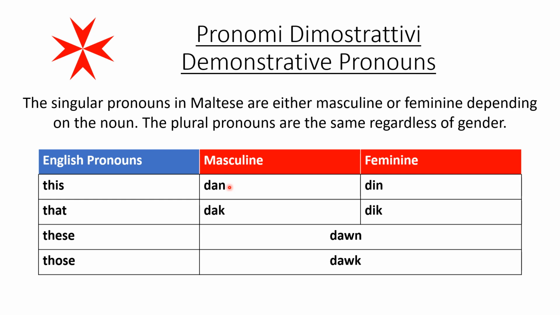So dan and dak for this and that, masculine, and din and dik for this and that, feminine. Then in the plural we have these, dawn, and those, dawk. And here there's no distinction shown for masculine and feminine, it's just one term.